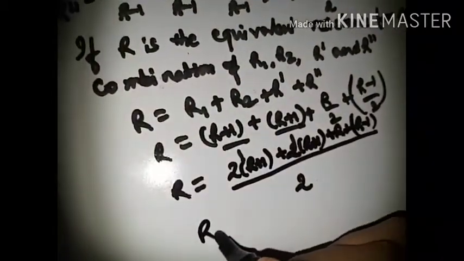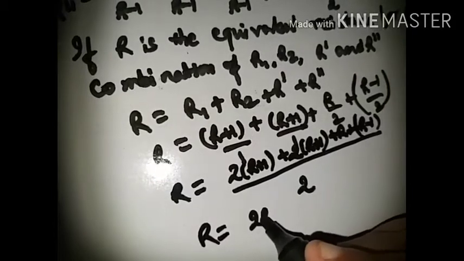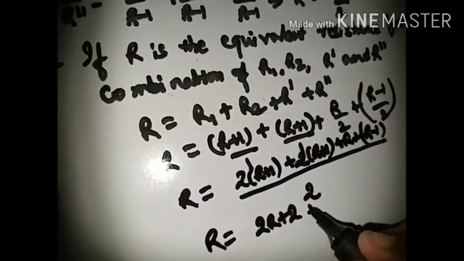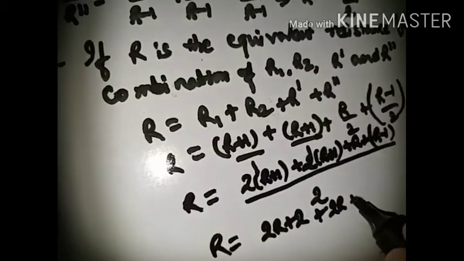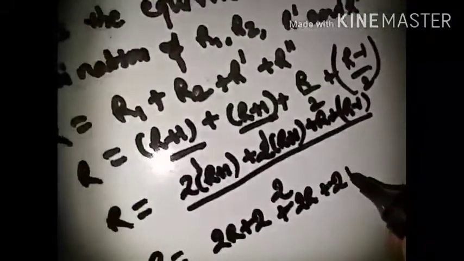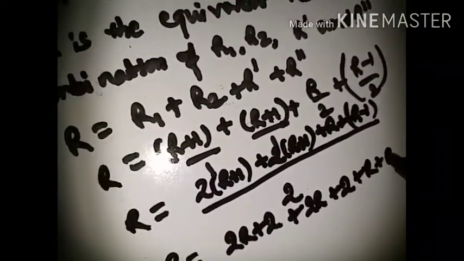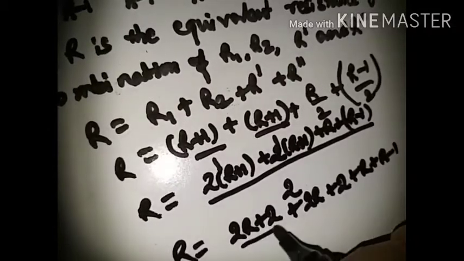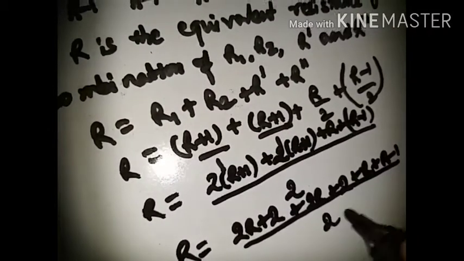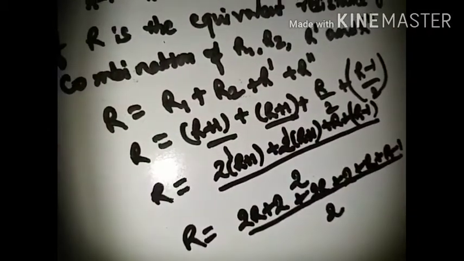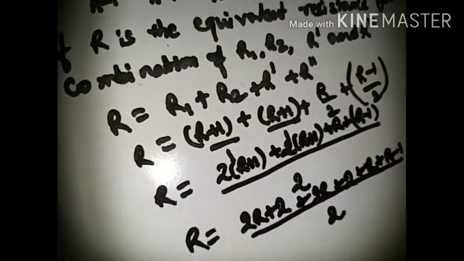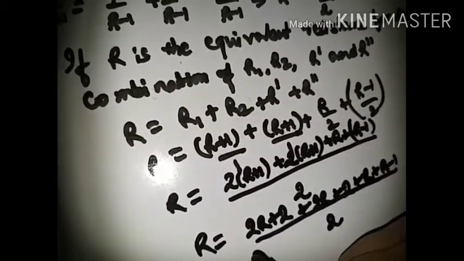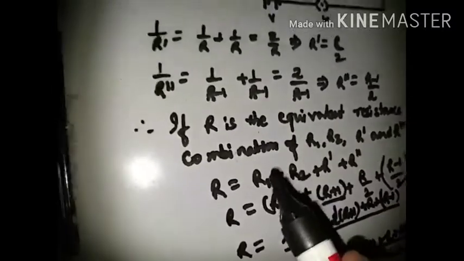So now let's solve it out. 2R plus 2 plus 2R plus 2 plus R plus R plus or minus 1, all by 2. Now we need to solve all the terms and see what the equivalent resistance turns out to be.